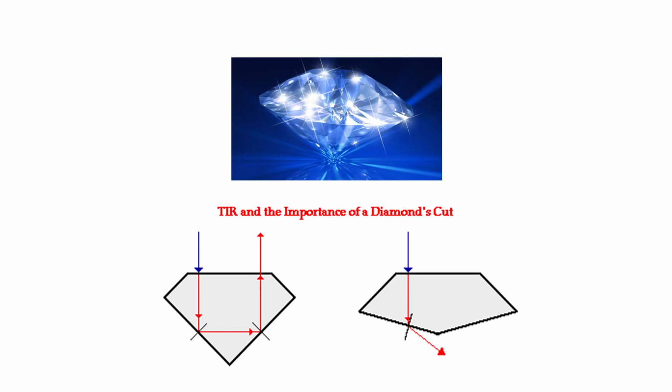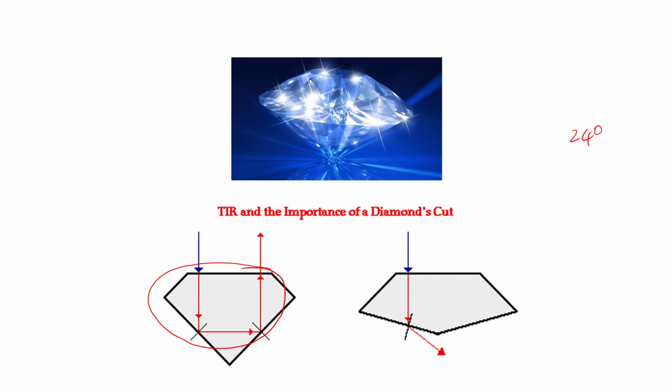Okay, now you have seen sparkling diamonds. In the case of diamonds, if you have a ray of light entering the diamond, because the critical angle for diamond is 24 degrees, if you enter the diamond at pretty much almost any angle, and you cut the diamond in such a way that many of the rays entering the diamond can be completely internally reflected, then you will see that the diamond sparkles a lot.